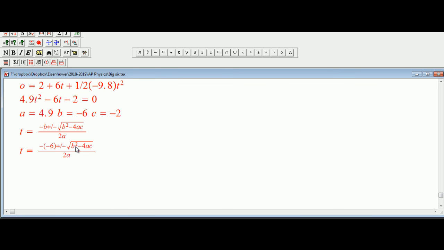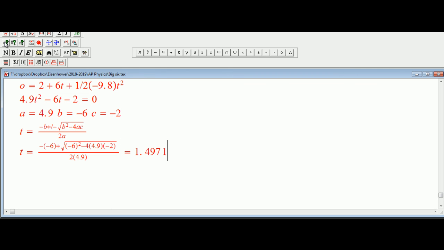This becomes minus 6 squared, minus 4 times 4.9, parentheses, my c is minus 2, and everything divided by 2 times 4.9. I'm going to get rid of the plus and minus because we're going to take a quadratic equation and get two solutions.